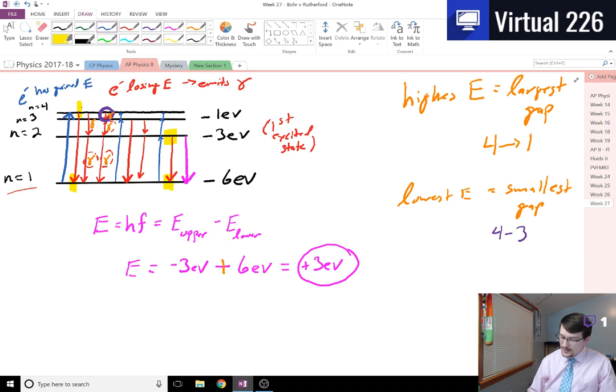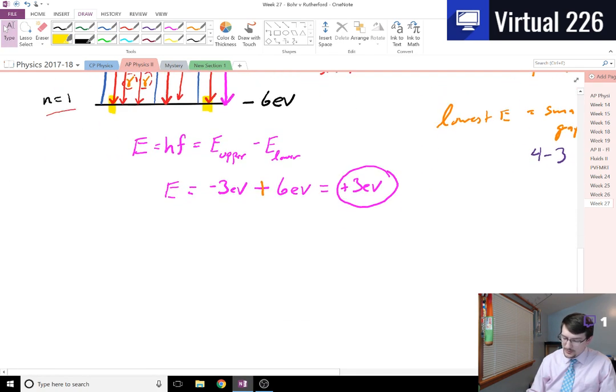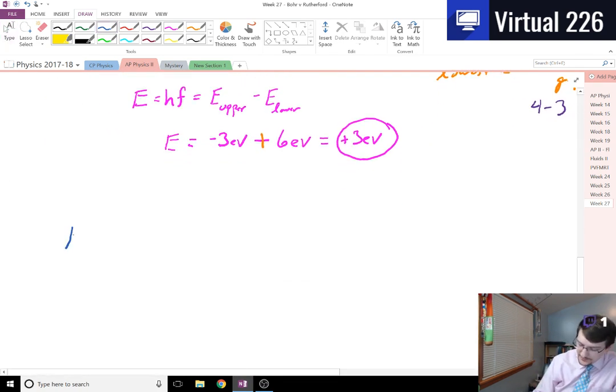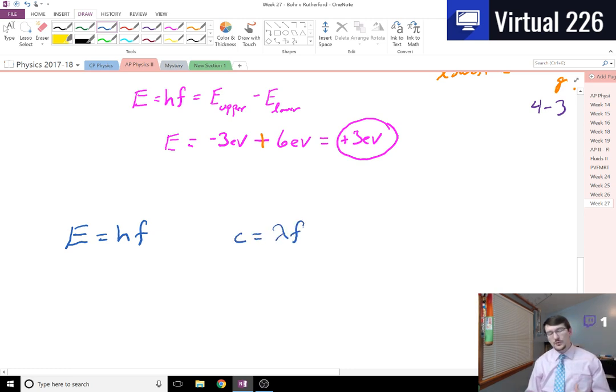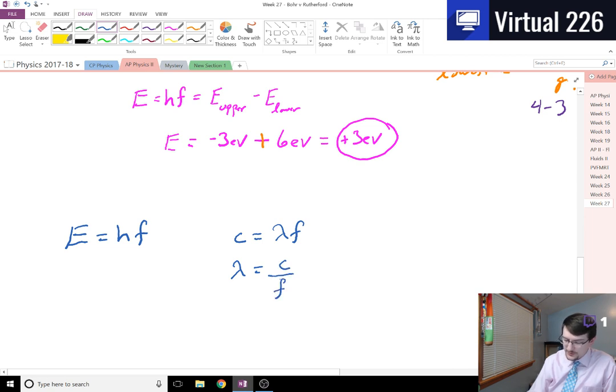What we have to recognize if we're given a wavelength problem here is we can say that while energy equals hf, we know that c equals lambda f, where lambda is the wavelength that we're looking for. If we want to find or set up that lambda, it's equal to a constant divided by frequency.